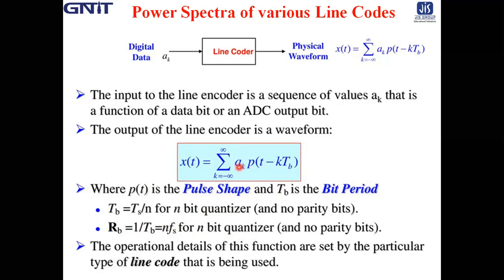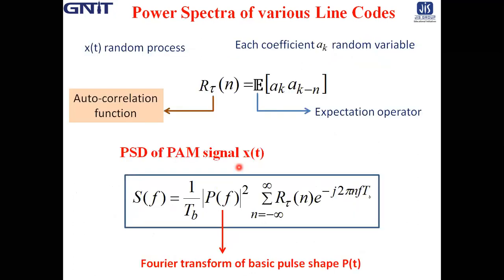These coefficients may be generated by a discrete stationary random process, which is characterized by the following relation between autocorrelation and ensemble average, that is R_n(tau) equal to expectation of a_k into a_(k minus n), where R_n(tau) is the autocorrelation function and E is the expectation operator.